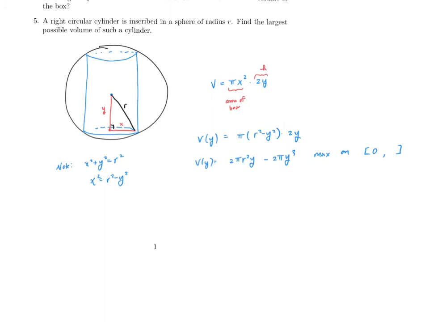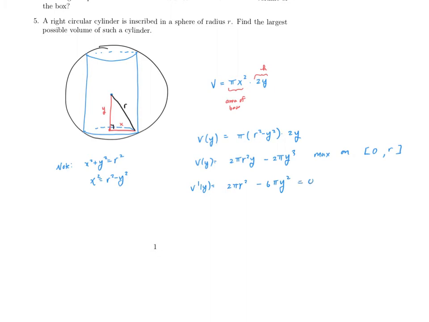And the largest it could be, once again, even if it might seem a bit contrived, is if y is equal to the radius. And we now have a calculus problem that we can work with. So let's solve it. So V prime of y, just differentiating term by term, is 2 pi r squared minus 6 pi y squared.